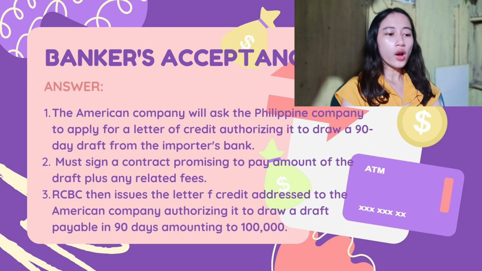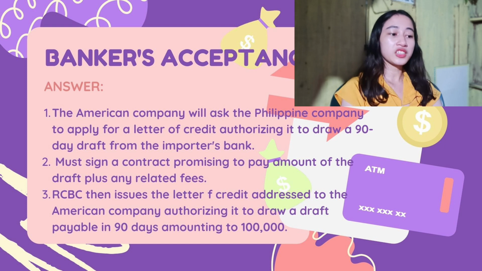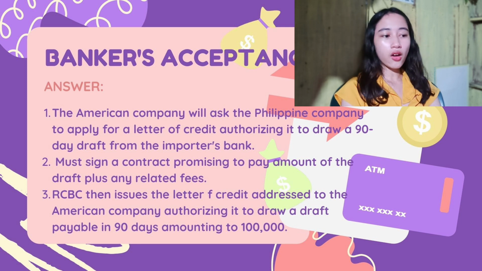Once the credit is granted, to be assured of payment, the American company will ask the Philippine company to apply for a letter of credit authorizing it to draw a 90-day draft from the importer's bank. The Philippine company, once it has satisfied its own bank, for example RCBC, regarding its credit standing, must sign a contract promising to pay the amount of the draft plus any related fees.